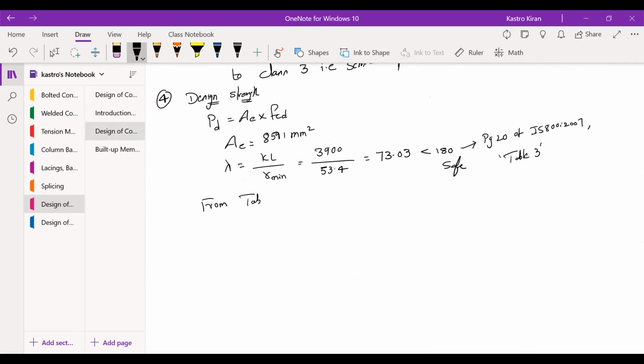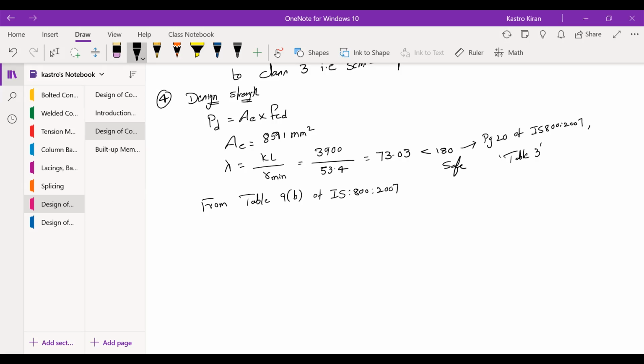From table 9B of IS 800 2007. So don't get confused here. I am taking table 9B because our section belongs to buckling class B. If it belongs to buckling class C, you can take 9C. If it belongs to buckling class D, you can take 9D. So whichever buckling class it belongs to, you have to take that corresponding table.